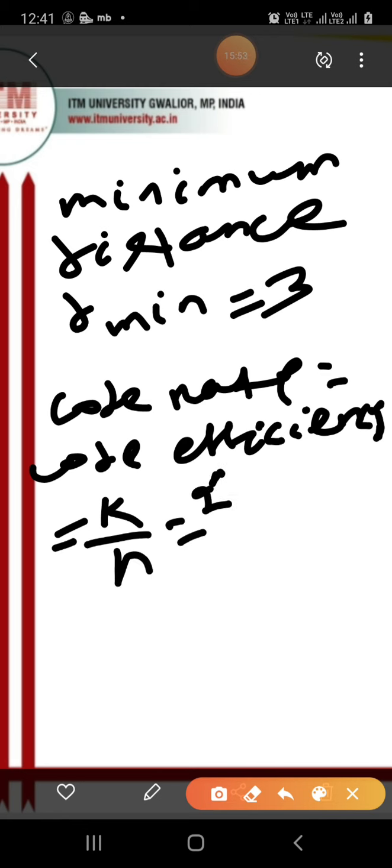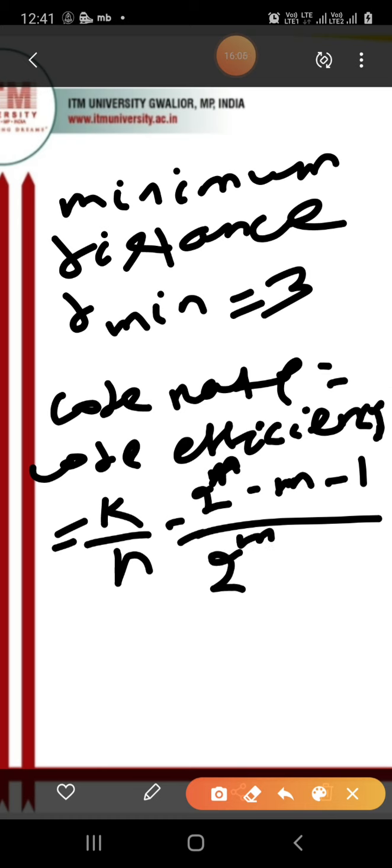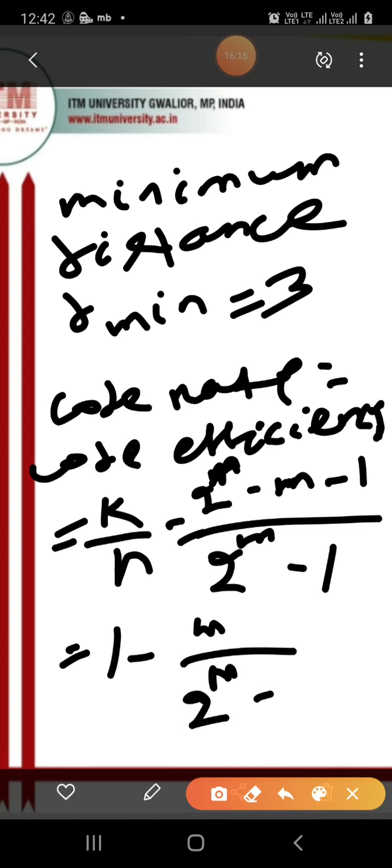That is 2 to the power m minus m minus 1, divided by 2 to the power m minus 1, which can be written as 1 minus m by 2 to the power m minus 1.